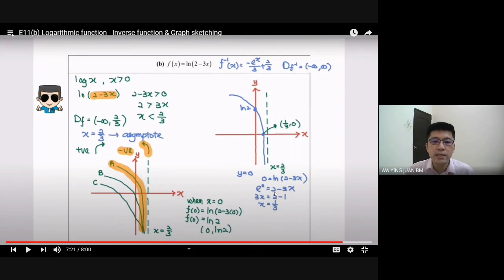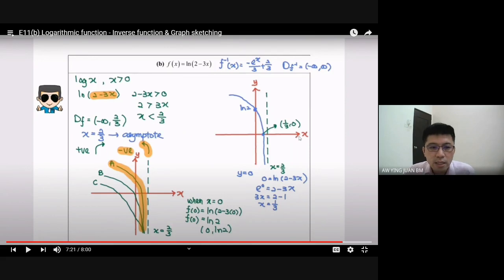And then we adjust 2 minus 3x, so we interchange, transfer or rearrange. So we have 2 minus 1. Why 1? Because e to the power of 0 is 1. Next, we get 3x equals 1, so x equals 1/3. So here we know it is (1/3, 0). Here is (0, ln 2). So I have labelled everything, including the asymptote and the xy axis.